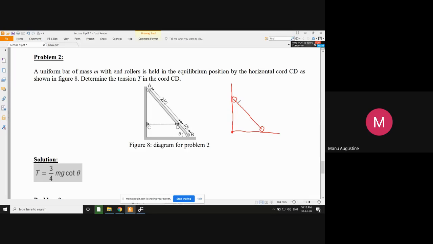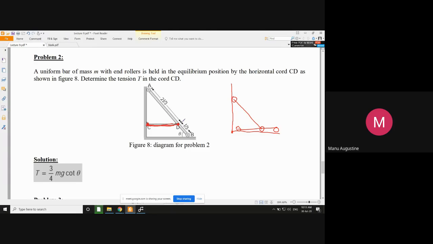No. It will roll down and eventually fall down to the ground. This cannot hold its position on its own. So in order to keep it in position, what these people have done is they put a small support on the wall here, and a small support on the rod here. And then they connected this rod with the wall with the help of a thread.